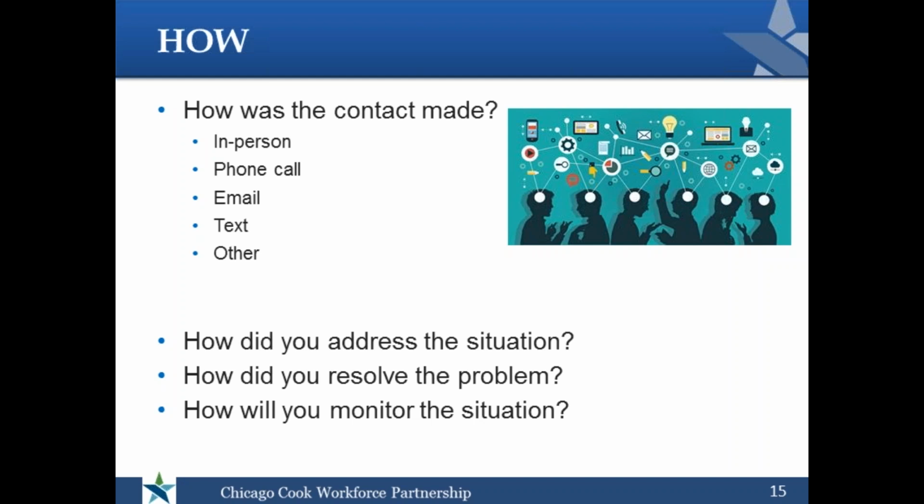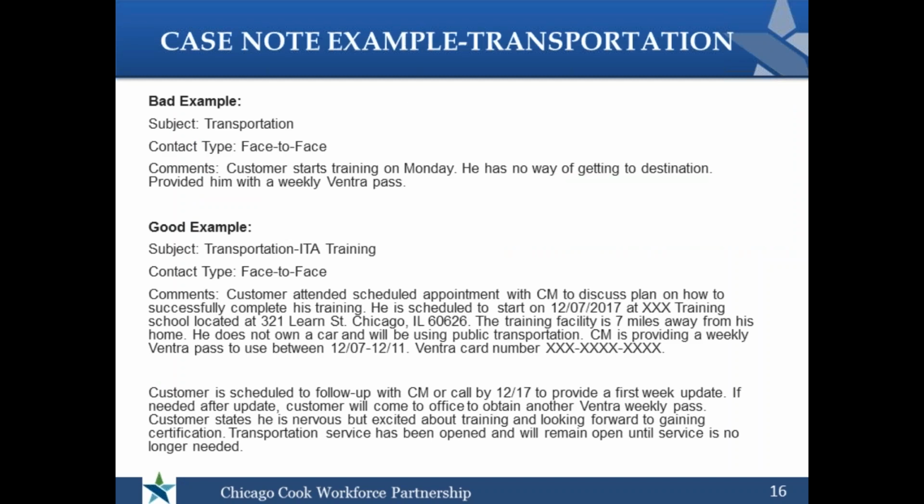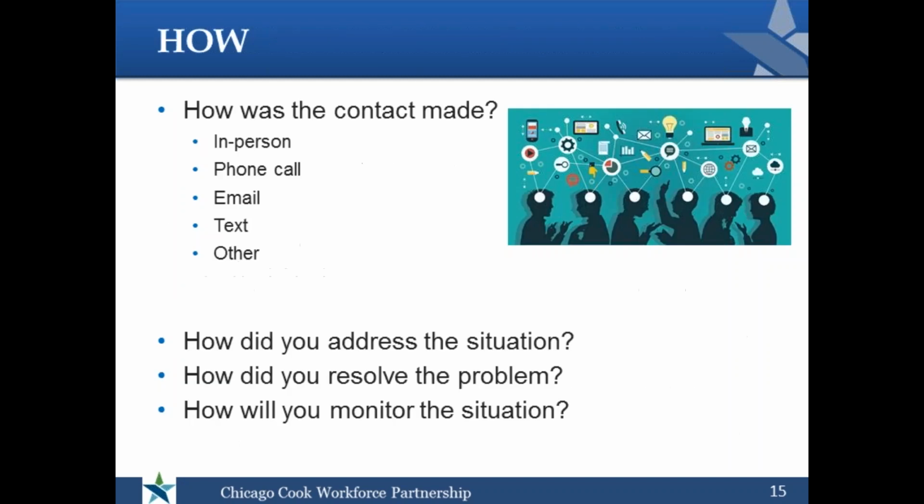Do your own self quality assurance. Don't wait for our monitor to give you that quality assurance. How are you going to make sure that whatever you put in the case note or the goal is going to be met by you as their case manager? So those are the 5 W's and the 1 H.